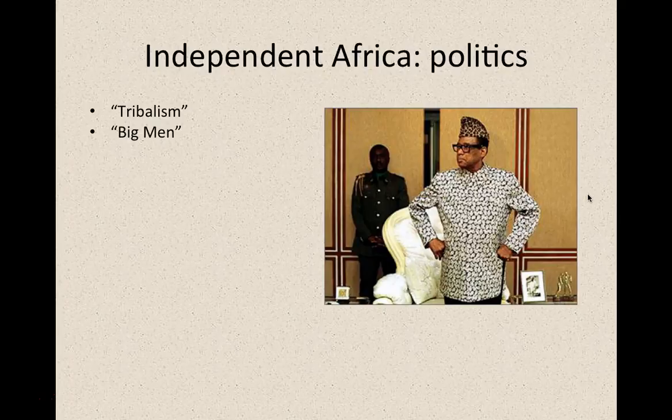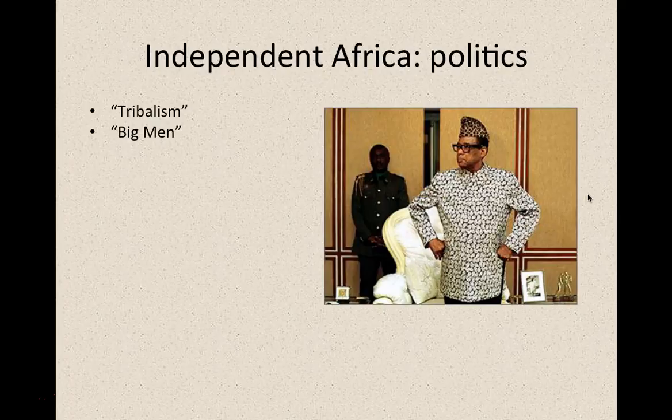The other phenomenon is the phenomenon of the big man. In these independent nations, frequently, the leader who had led the nation to independence ended up establishing a kind of, well, on the one hand, a cult of personality, and on the other hand, an absolute stranglehold on power within the nation.